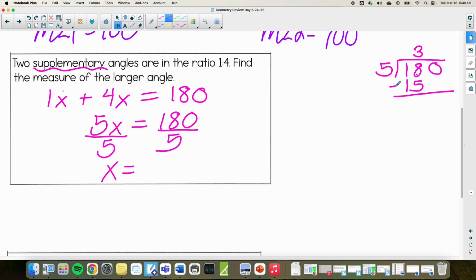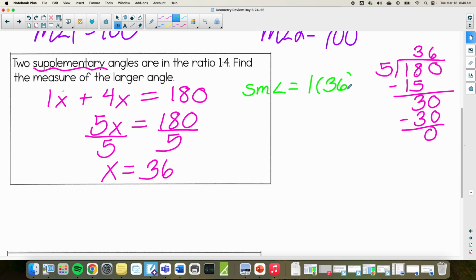Subtract 18 minus 15 is 3, bring down the 0. 5 goes into 30 6 times. Okay, so that's 36. Now, what they ask us for in this one is find the measure of the larger angle, okay? My smaller angle is going to be 1 times x, which is 1 times 36, which is 36.